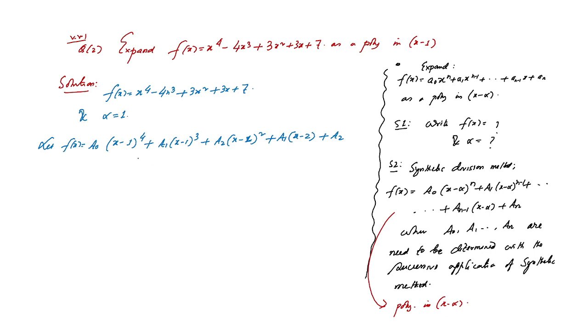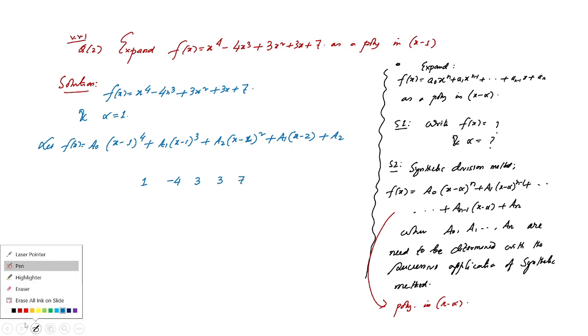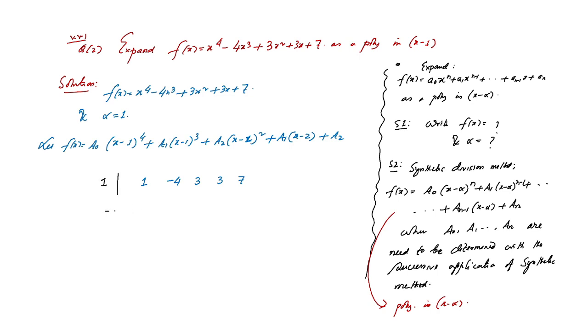How will we do it? We'll write the coefficients here. x to the power 4 coefficient 1, then minus 4, x square coefficient 3, x coefficient 3, the constant is 7. So what is our alpha? Our alpha here is 1. Now you will write 1 here. So 1 into 1, this is 1.